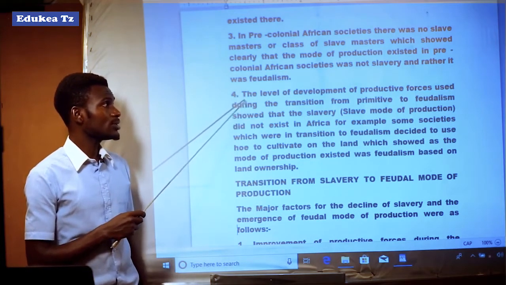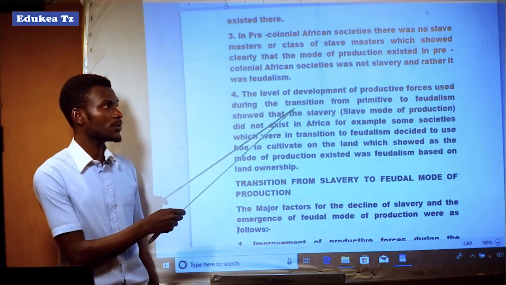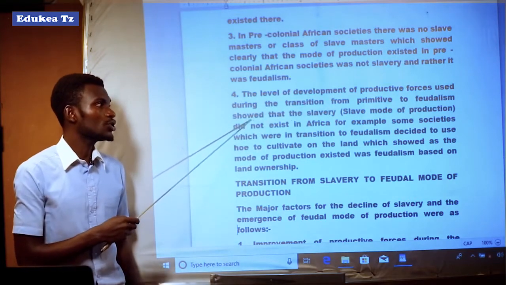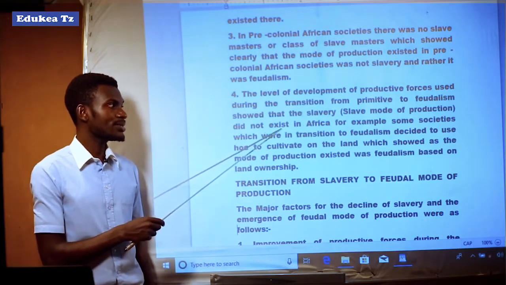The fourth reason was that the level of development of productive forces used during the transition from primitive to feudalism showed that the slavery or slave mode of production did not exist in Africa.